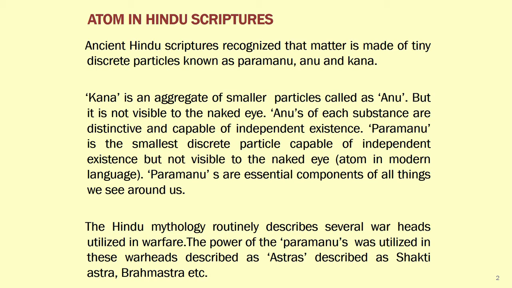And kana is the aggregate matter you see around you as a distinctive object. Anu is the basic material which is capable of existence, and paramanu is capable of independent existence, but it is not visible to the naked eye. And paramanu is composed of different discrete fundamental particles, which are not visible to our naked eye.